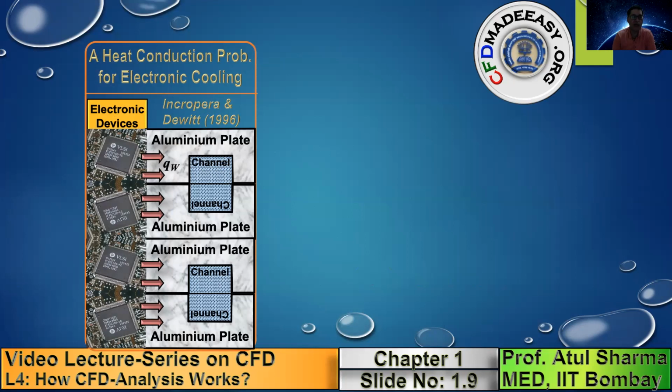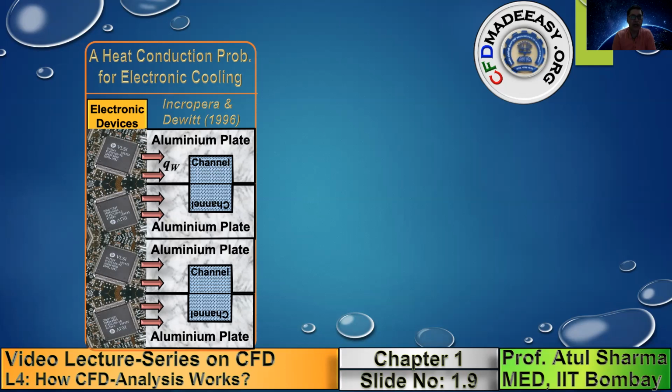Now, this chip is dissipating a heat flux, which is denoted here by QW, and what is shown here as the aluminum plate is a heat sink. So the electronic chip is connected with an aluminum plate which acts as a heat sink.